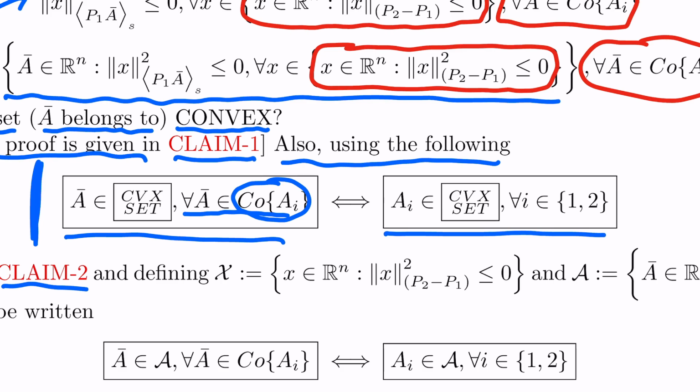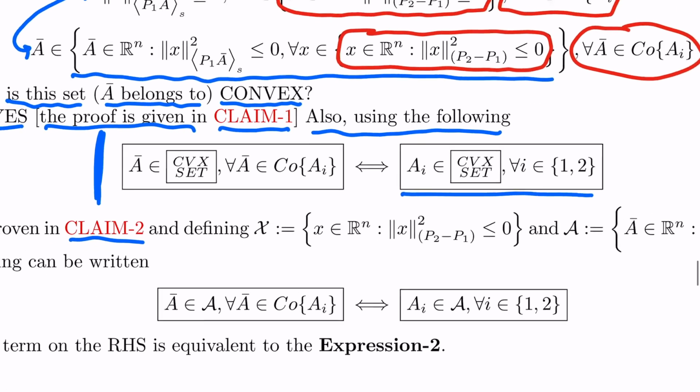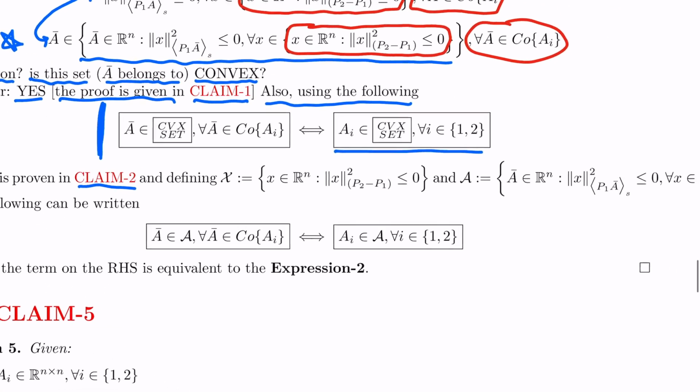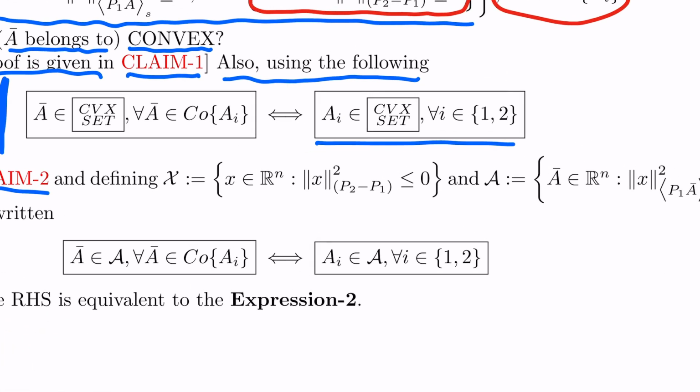Again, this direction totally makes sense, right? And one more time, this direction comes from the fact that this set is convex, and we are using the convex property, nothing more.